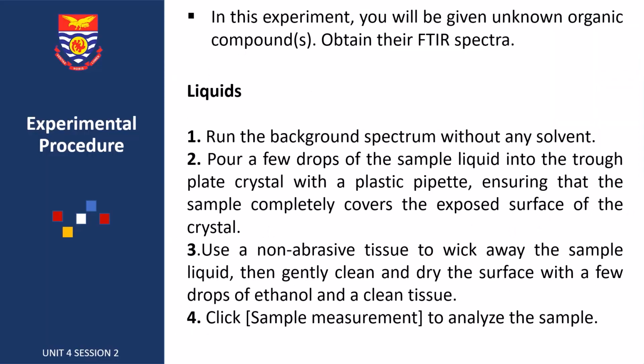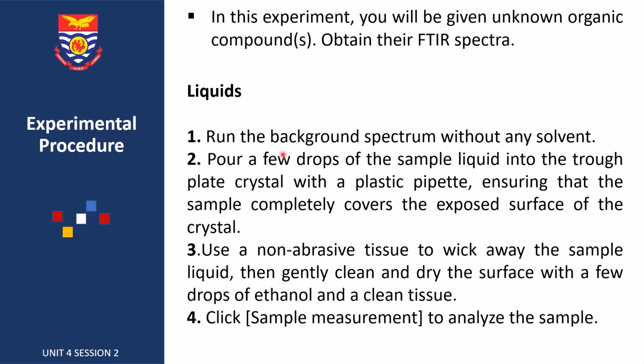So in your experiment, you are going to be given an unknown organic compound, and then you add the spectra to it, and you are supposed to tell us what kind of organic compound the spectra represents. First of all, if your sample is a liquid, you run the background spectrum without any solvent. So you run your background spectrum with no solvent, and then when you add your solvent, you run it again.